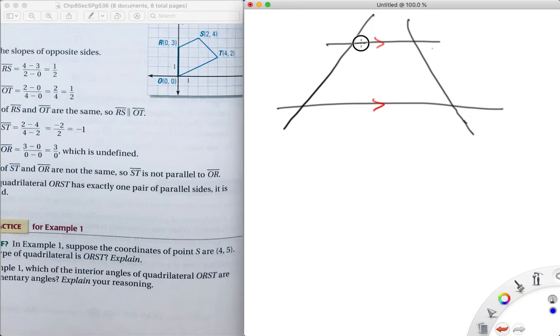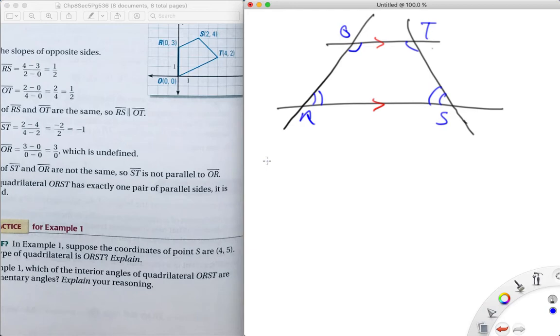And we know that consecutive interior angles are supplementary. So O, R, S, and T. Yep. We know that these guys are supplementary, and then these guys would also be supplementary.